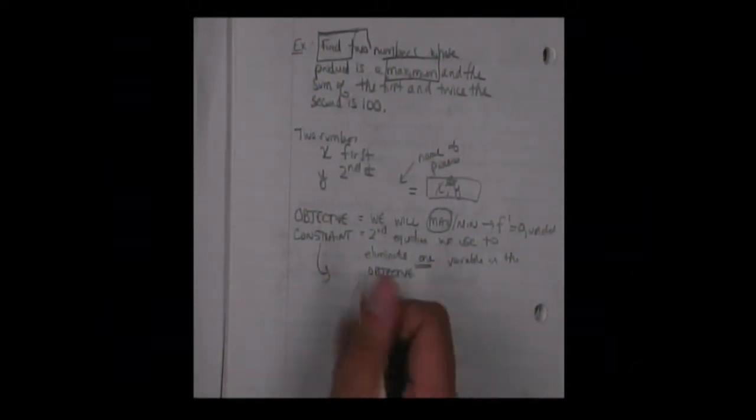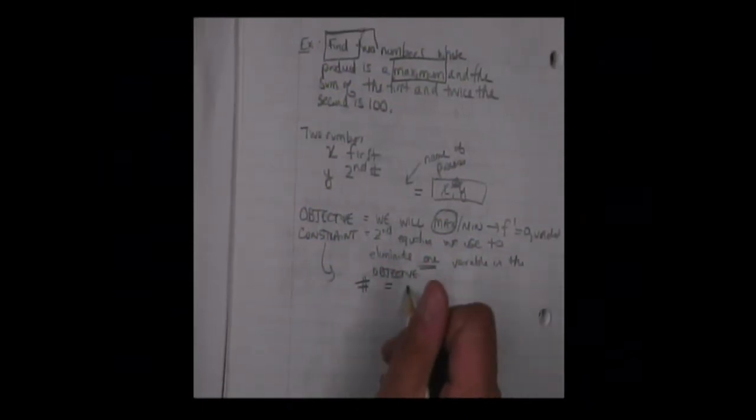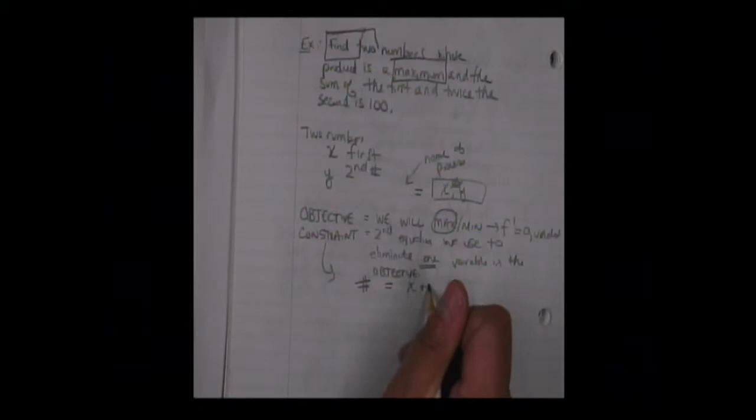The constraint equation almost always looks like a number equals something with x and y in it. So it usually looks like 7 equals, 12 equals, 300 equals, 27 equals, and then something with x's and y's or l's and w's, whatever the variables might be.